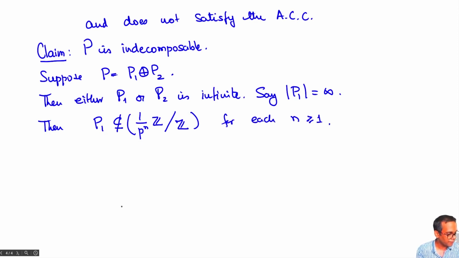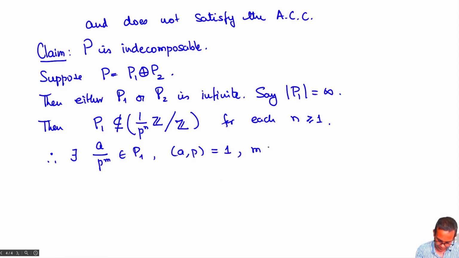That means that there exists an element a mod P to the m in P1 where the GCD of a and P is 1, that is, a is not divisible by P, and m is greater than n. Any element which is not of this form could be further reduced to the form where a comma P is 1, and if m is less than or equal to n, then we would have it inside this subgroup 1 over P to the n Z mod Z. So there exists an element of this form.